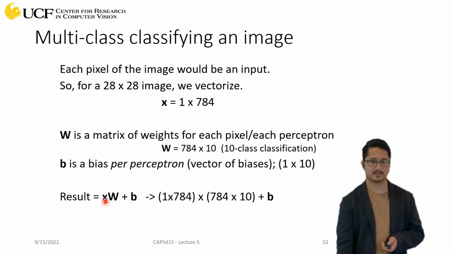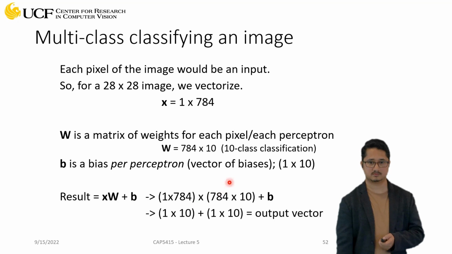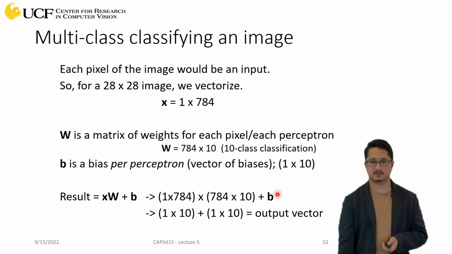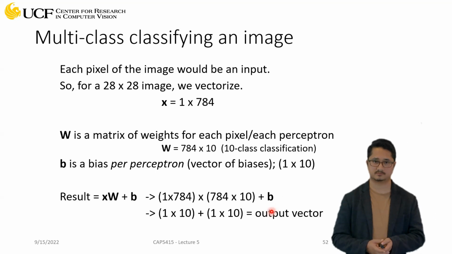It will still be X times W plus B. In this case, your W is not a vector, it's a matrix. But if you do the math and remember how we did matrix multiplication, this is again going to give you 10 different numbers. All right. So at the end, you will get 10 values, and each value will represent one class.